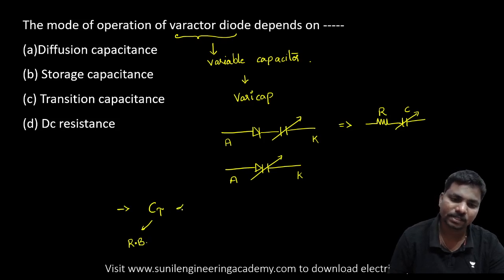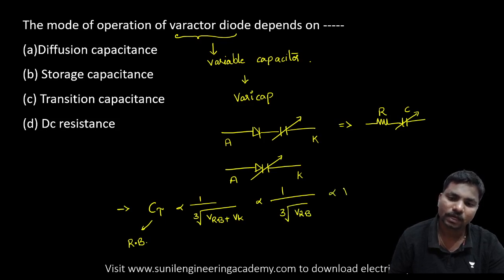CT is inversely proportional to the cube root of the reverse bias voltage plus knee voltage. If you consider the knee voltage as very small, that is the cube root of the reverse bias voltage, or VR power minus 1 by 3.